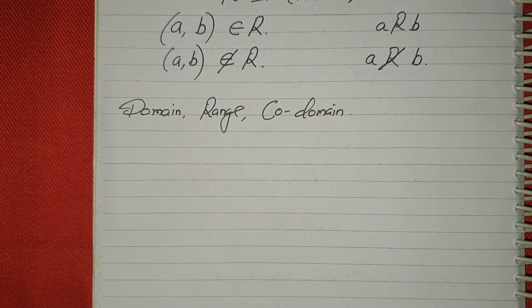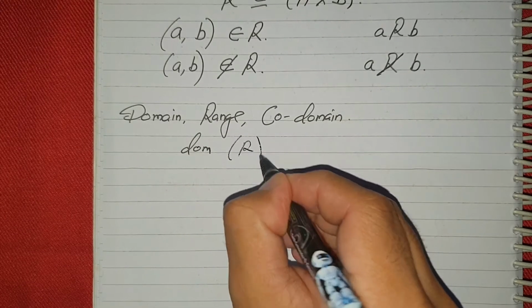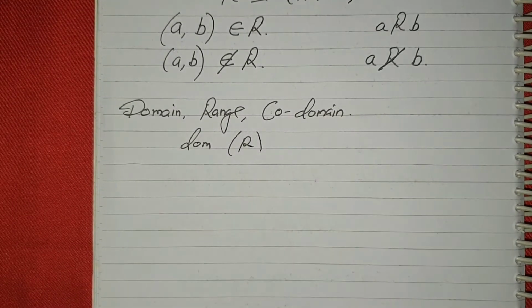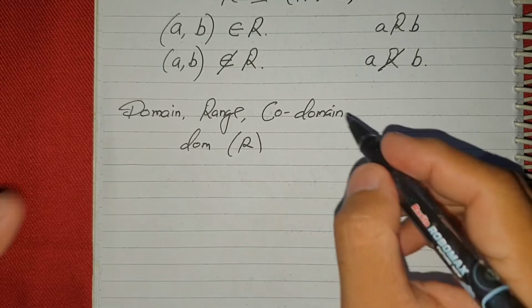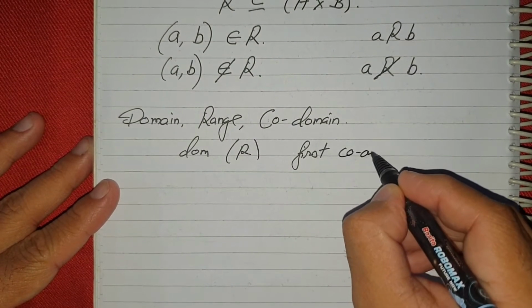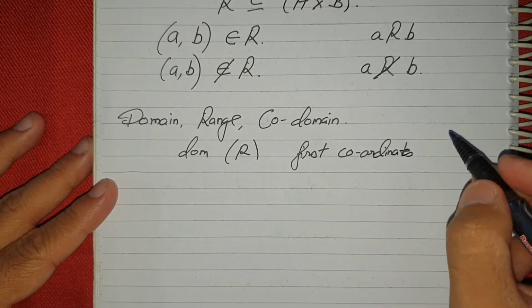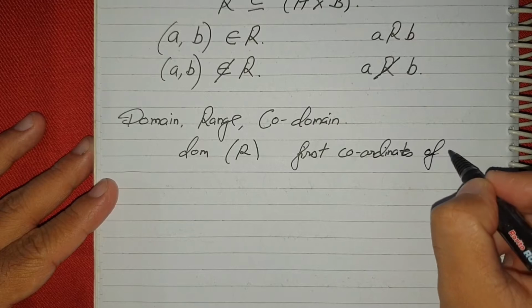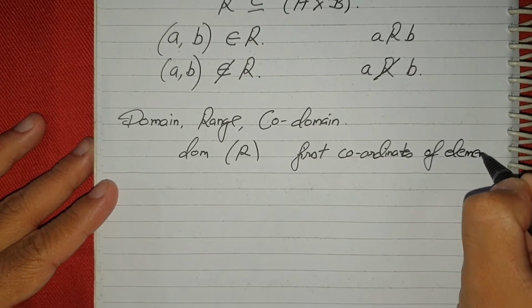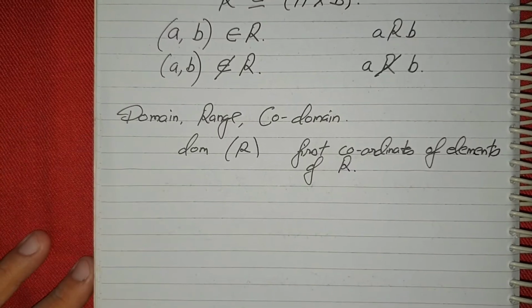The set of first coordinates of elements of R is called the domain of R, written as domain of R. So that will be the domain.